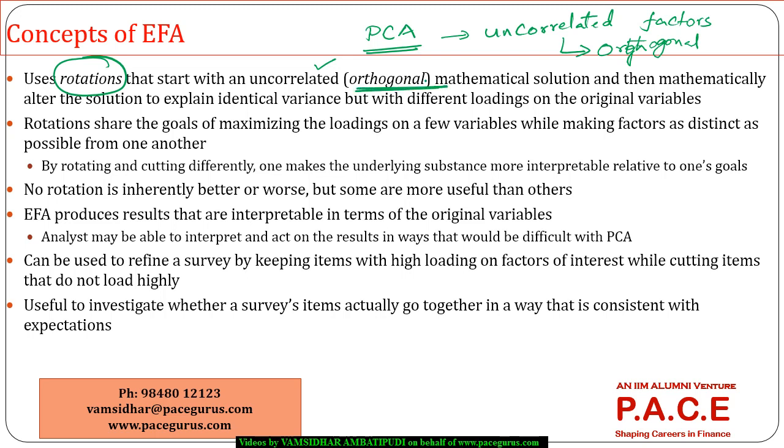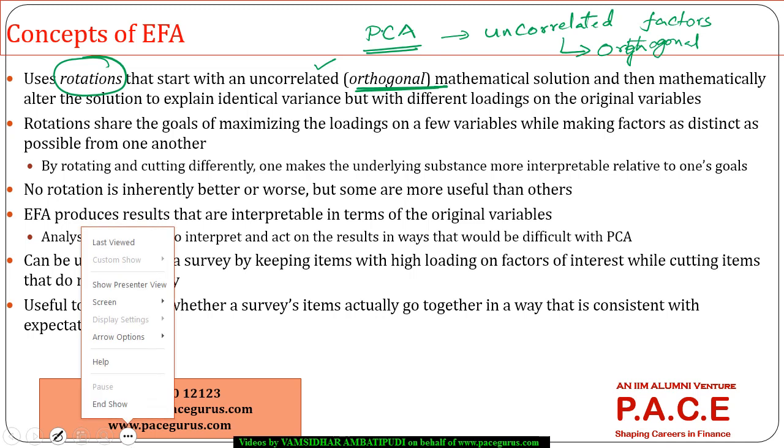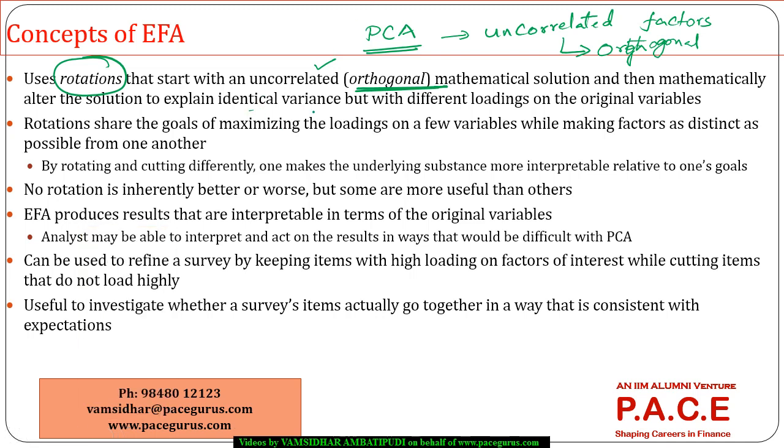They are completely uncorrelated. So even the rotations that are performed in exploratory factor analysis take the output that comes out of the principal component analysis, where an uncorrelated solution is taken, but to a large extent the loadings get adjusted.